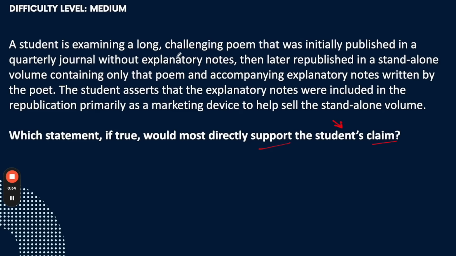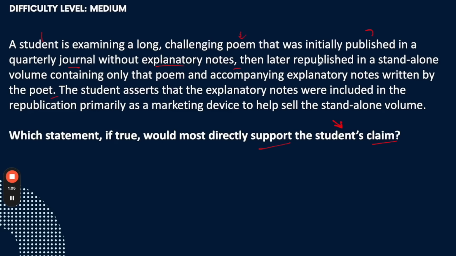"A student is examining a long, challenging poem that was initially published in a quarterly journal without explanatory notes." Take a pause here. So the student is examining some long, challenging poem that was once published in a quarterly journal without explanatory notes. "Then later republished in a standalone volume containing only that poem and accompanying explanatory notes written by the poet." Now, later what happened?